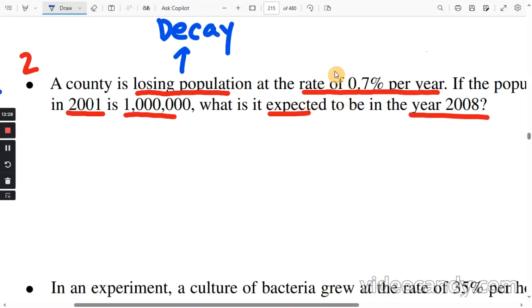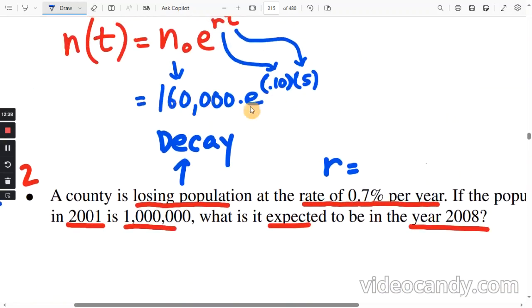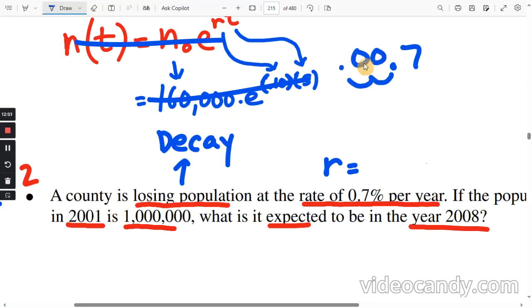For the rate of decay, you start with 0.7, because it's 0.7%, and you move the decimal 2 places to the left, adding in the zeros. So 0.7% is equivalent to 0.007.